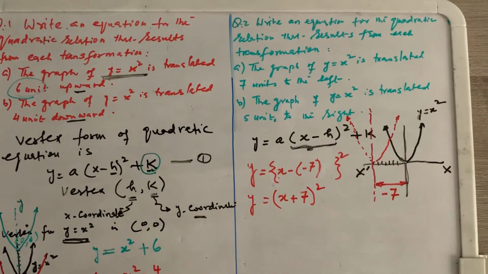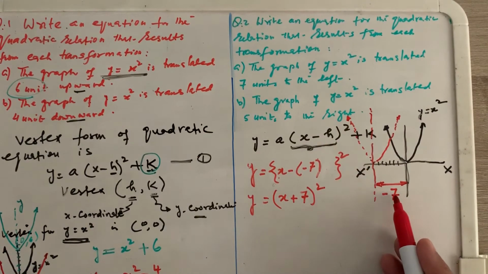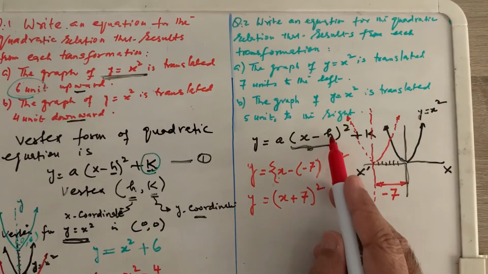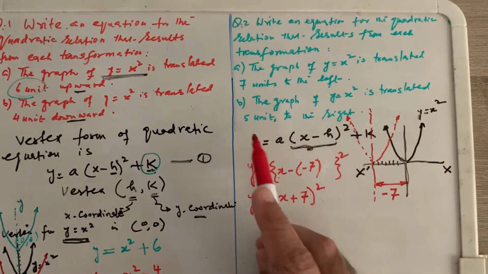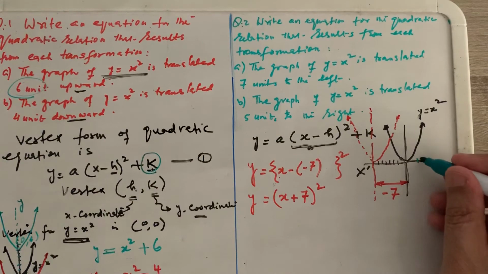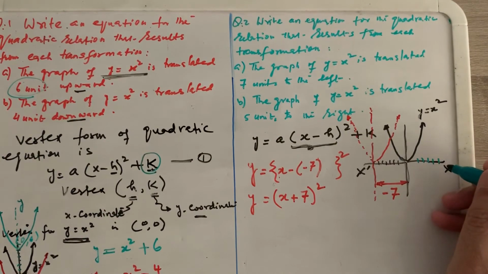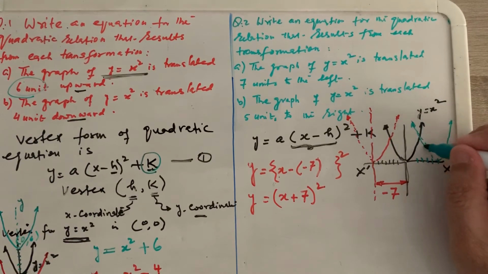So whenever it is translated to the left, you have to make this h positive because the value of h is negative here. But when the graph is translated 5 units to the right, I have to count 5. 1, 2, 3, 4, 5. So if I count 5, my parabola is here, translated 5 units to the right.